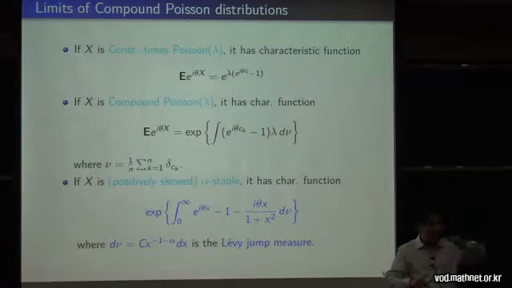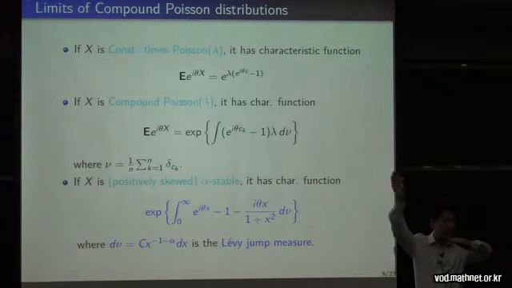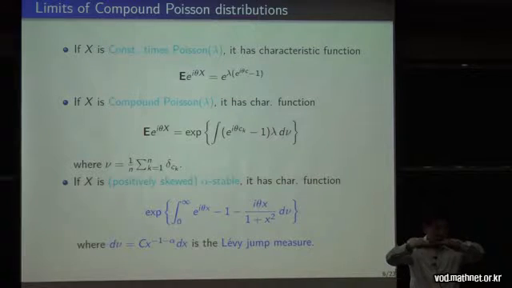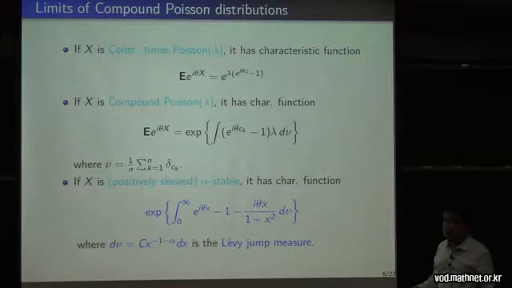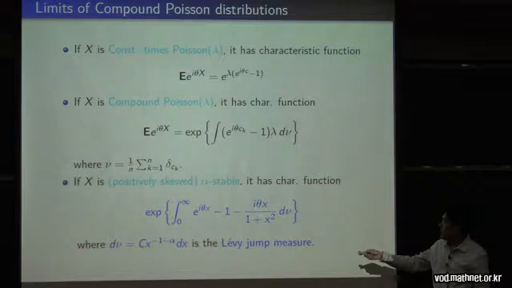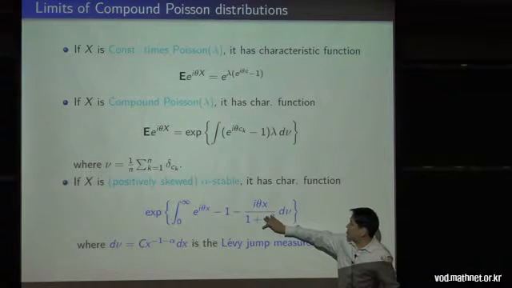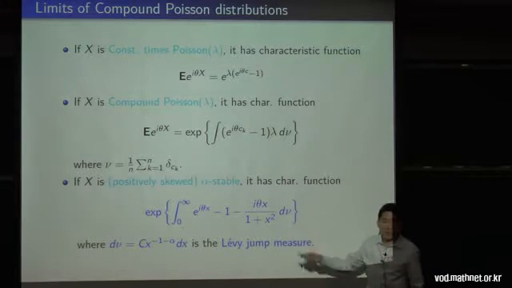So above any jump size, you only have a finite Poisson number of jumps, but as you go towards 0, you can add more and more jumps, and actually an infinite number if they're getting small fast enough. But sometimes they don't get small fast enough, so you use a trick where you notice that this -1 is the first term of the power series expansion of this guy, and near 0 this is just 0, then this is the second term of the power series expansion.